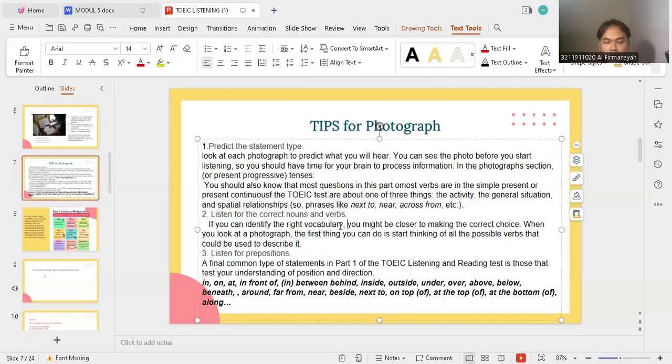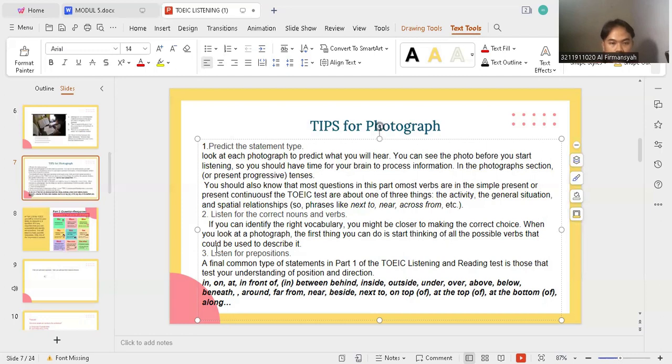So we have to listen for the correct nouns and verbs. The next step is that we have to think of the possible verbs that could be used to describe the image we see.